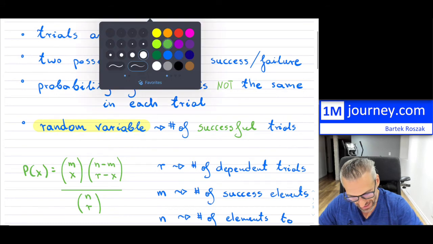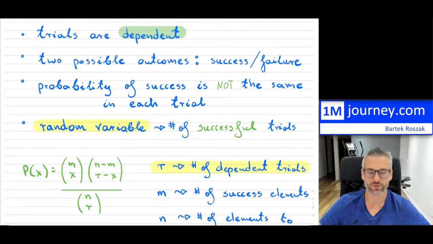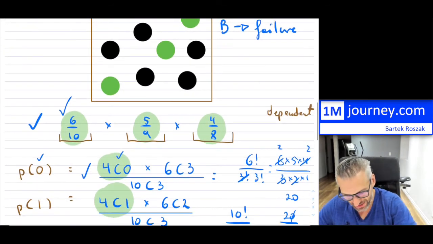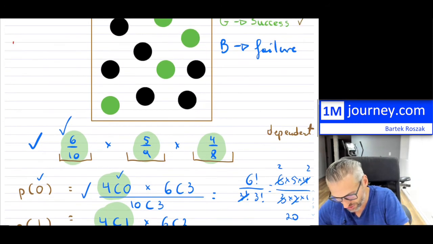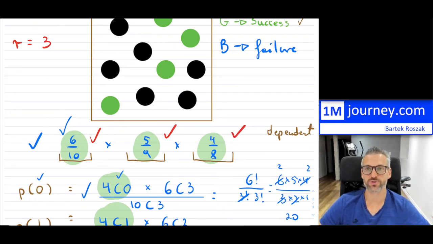I labeled it R, but it doesn't have to be labeled this way. R will represent the number of dependent trials. In our example, R was equal to 3, because we're going to be picking 3 balls without replacement. It could have been 2, could have been 4.